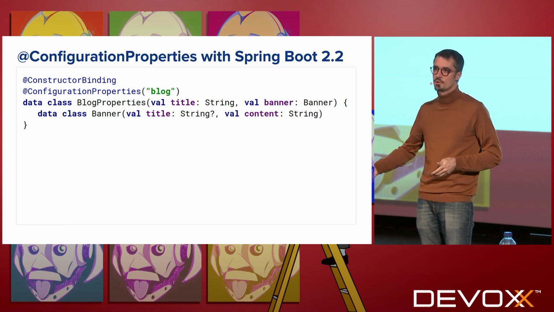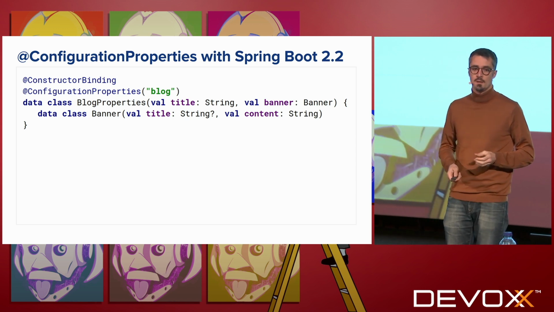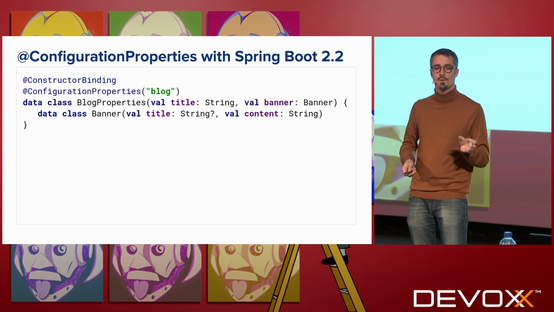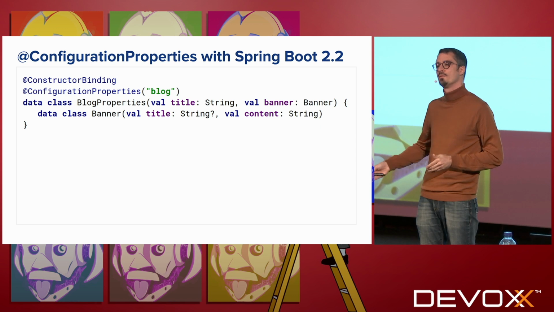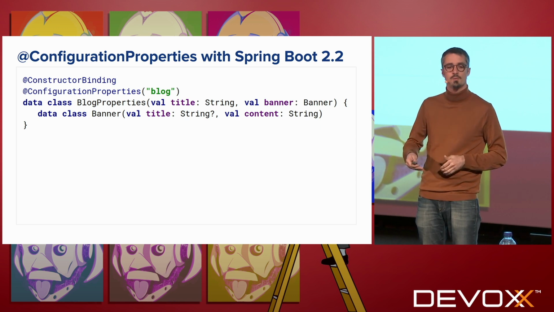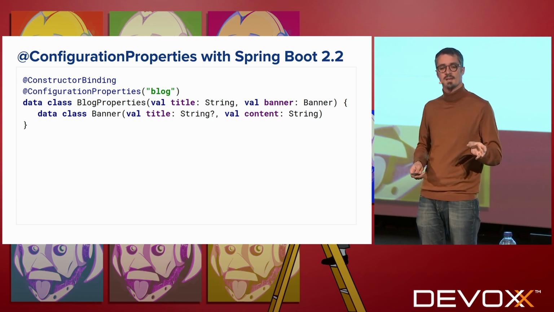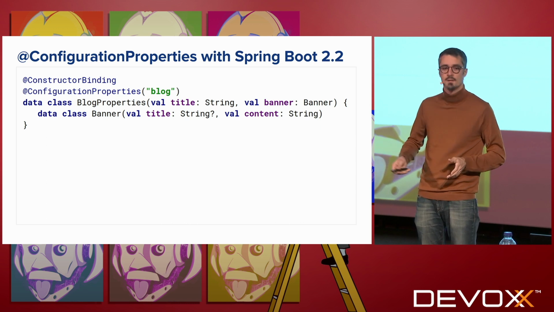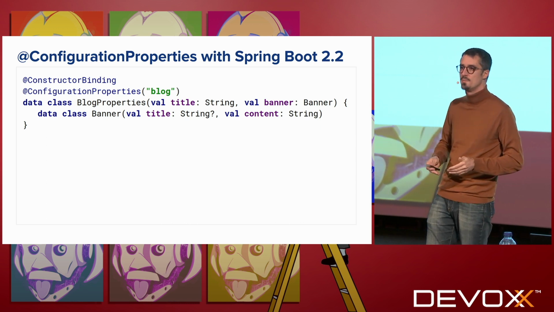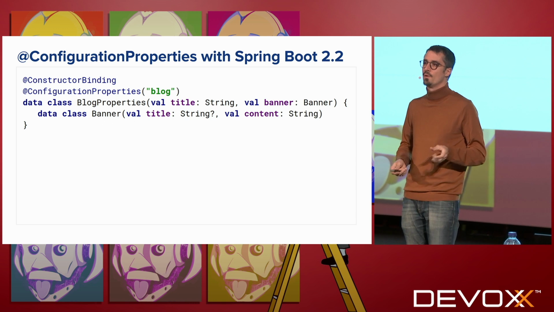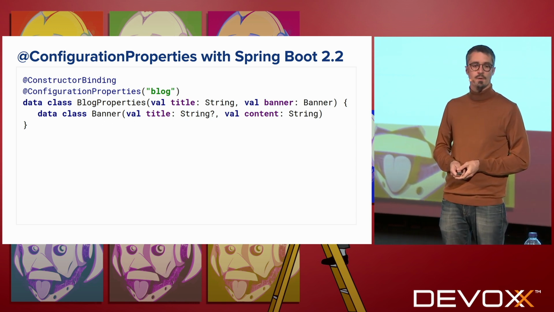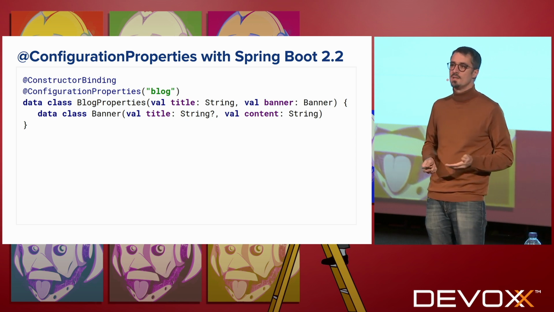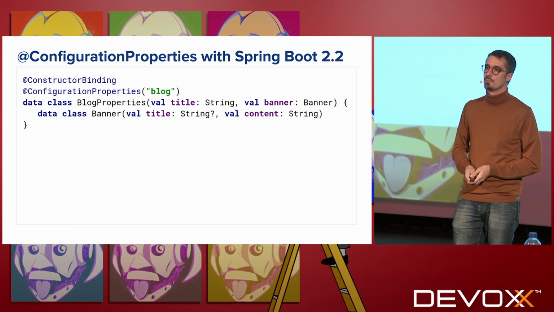I had a lot of discussion with the Spring Boot team, and it was not possible to support it without this @ConstructorBinding. Maybe in a future version with Kotlin, we will be able to say, okay, if it's a Kotlin data class with immutable properties, then @ConstructorBinding could be implied. But for now, you have to specify it explicitly to be able to use this kind of structure. And the good thing is that we can just use Kotlin idiomatic code with Spring Boot 2.2.